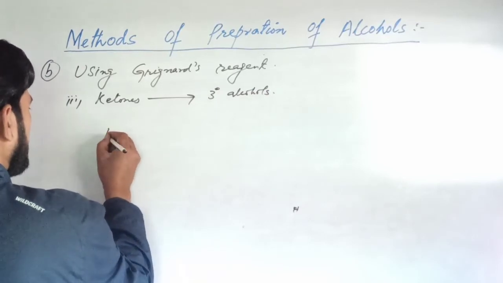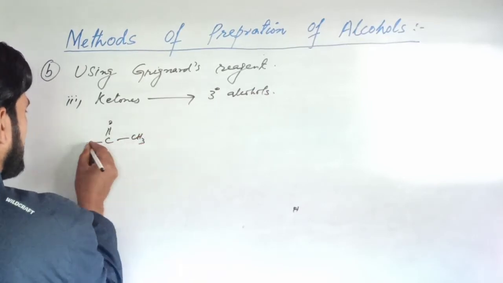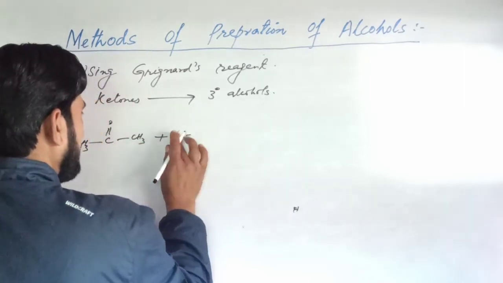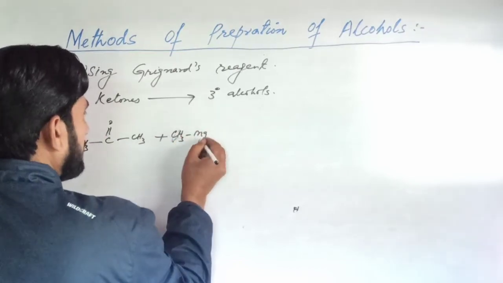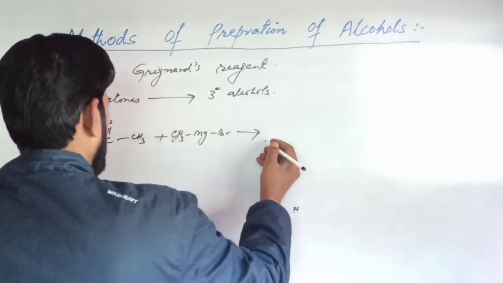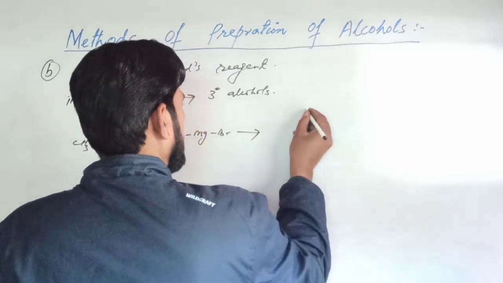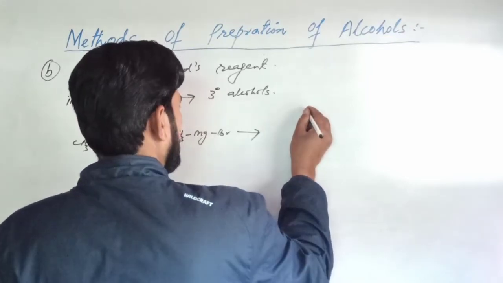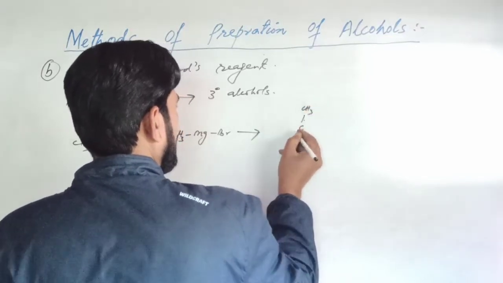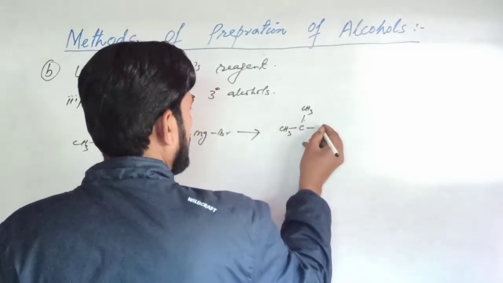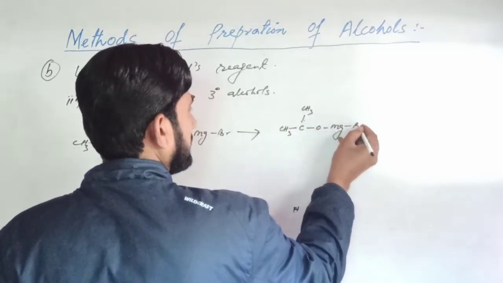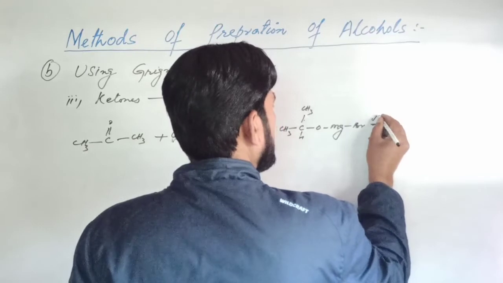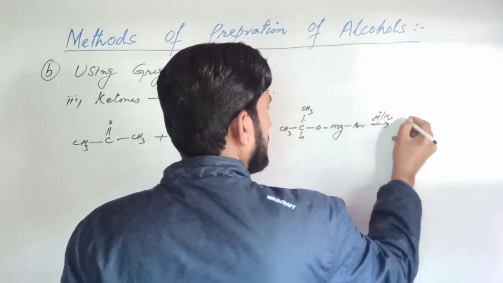For example, we have a ketone, CH3COCH3 acetone, on treatment with alkyl magnesium bromide gives an intermediate complex, which on treatment with acid forms a tertiary alcohol.